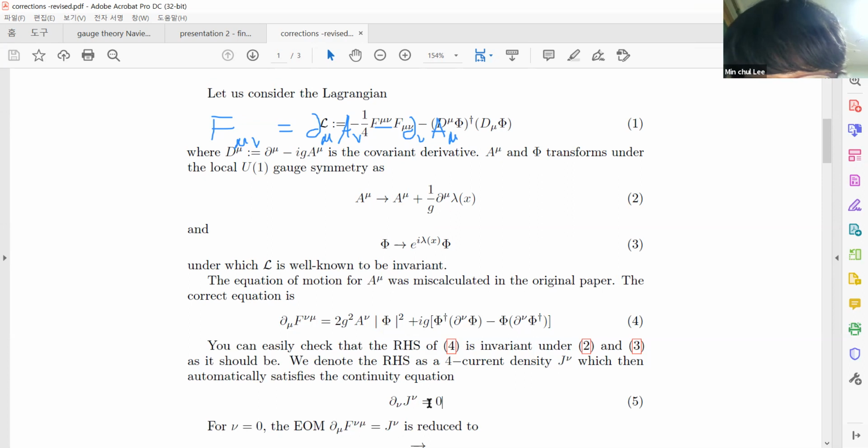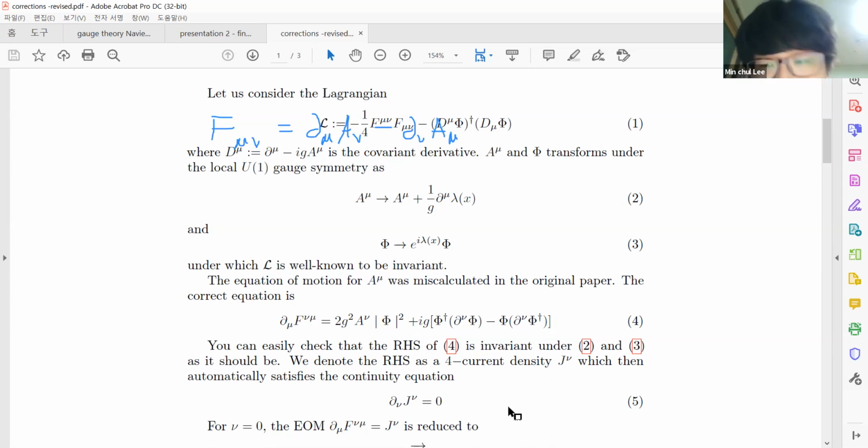I believe that all of you are familiar with the continuity equation, and it can be very compactly written using the Einstein summation convention, meaning that mu equal to 0 is just the time derivative, and mu equal to 1 to 3 are the spatial derivatives, and they are all summed together with respect to the Minkowski metric. So number 5 just means that the time derivative of J is equal to the divergence of the spatial components of J.